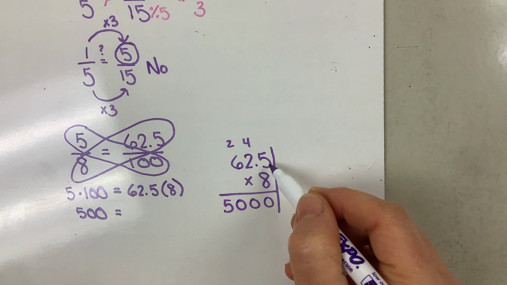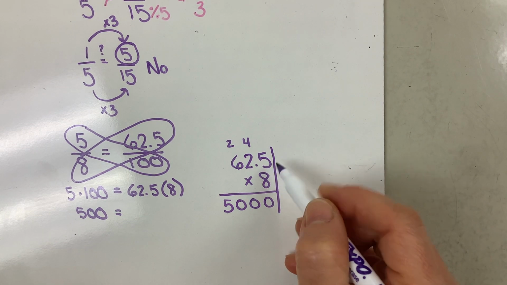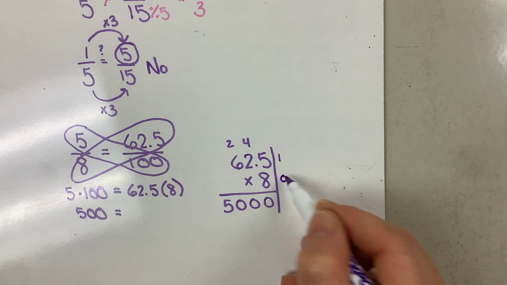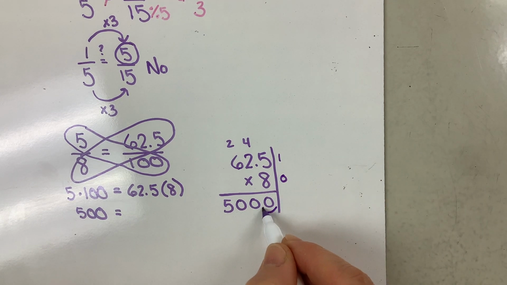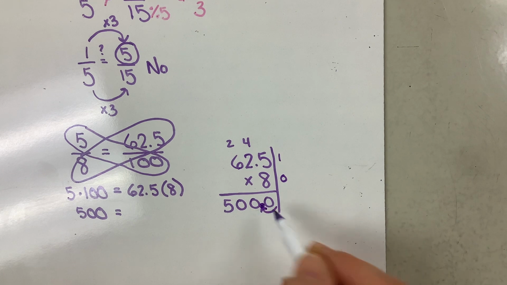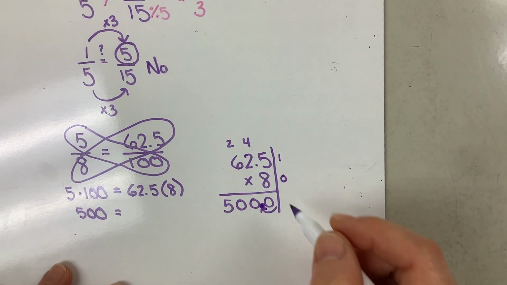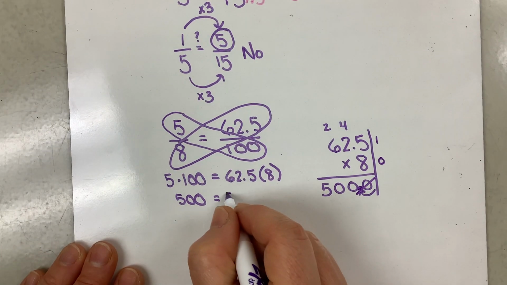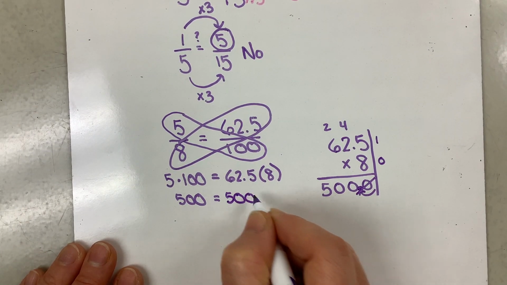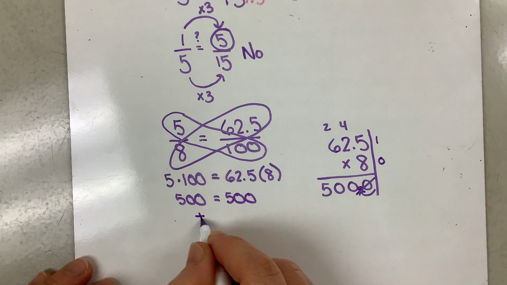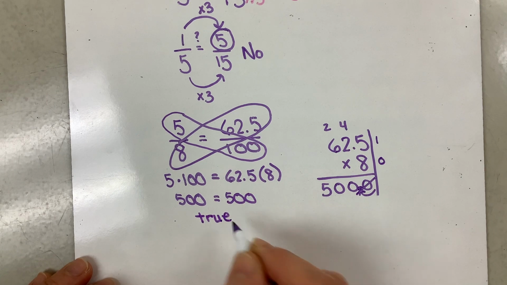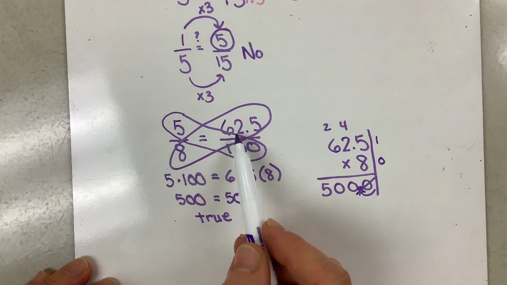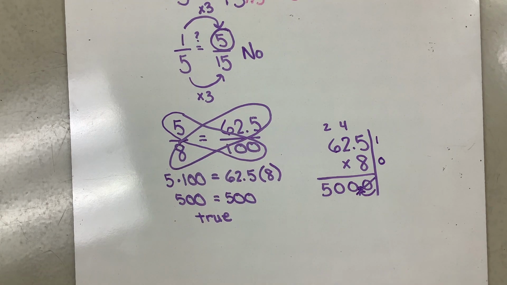We can look at this and we see that we have one decimal spot, and we have none here. So 1 plus 0 is 1, so we're going to come in from the wall one spot, and that's where our decimal goes. Okay? It is a trailing 0, so it does fall off. So we're just left with 500 equals 500, and that is true. So that means it is proportional. So these two are equal because they are proportional.